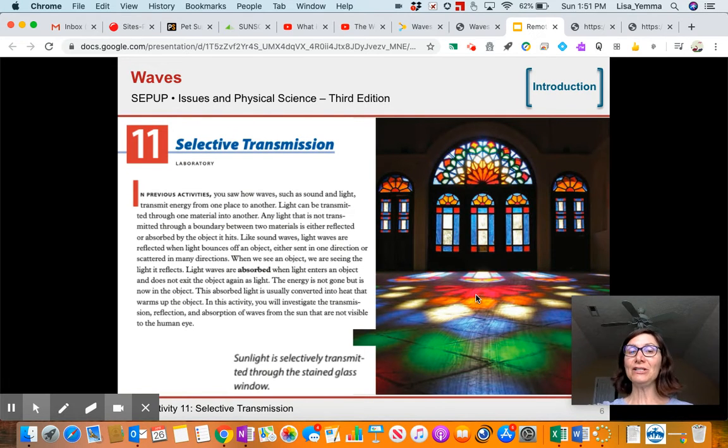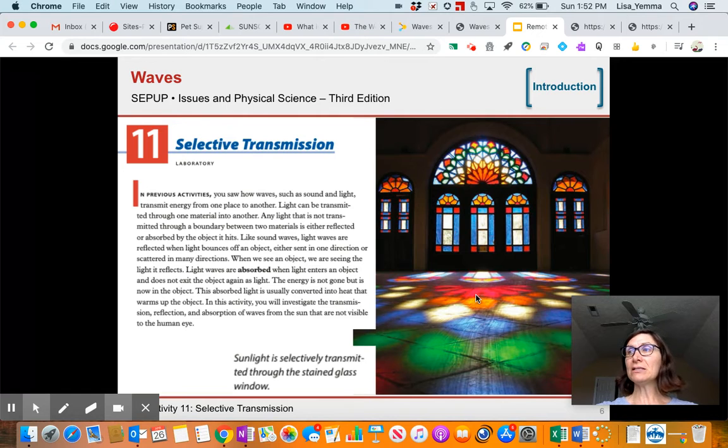Sunlight is selectively transmitted through the stained glass window. Some of the sunlight is absorbed and some is reflected. And I think most of you can predict and anticipate what you knew from elementary school about colors.